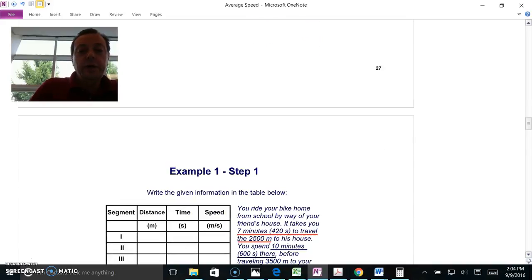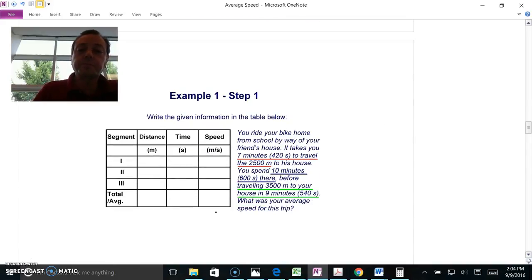Okay, let's see what we have. It takes you 420 seconds, and this would be 2,500 meters. Notice if we have the units in the heading of the table, we don't have to include them in this particular case.